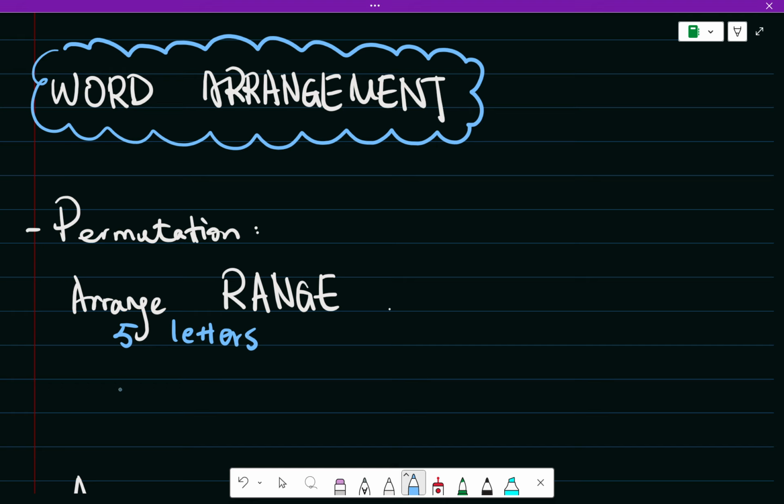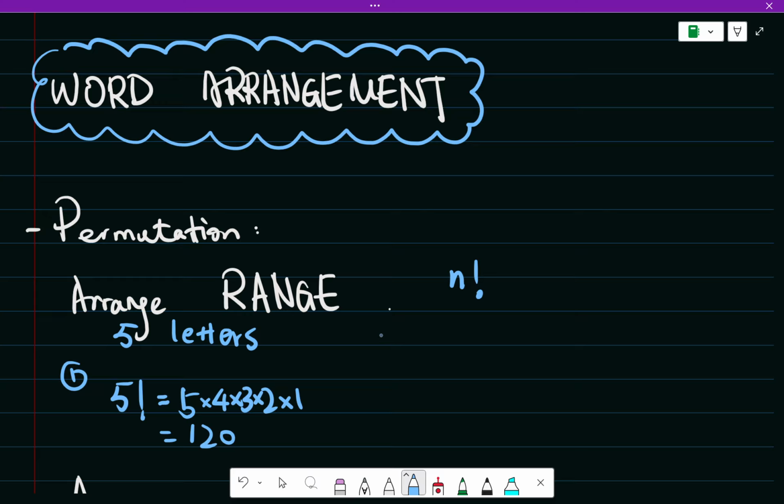So we're permutating 5 letters and the formula would be 5 factorial, which would be 5 times 4 times 3 times 2 times 1, and which will give us 120 as the answer. This is the first way to understand this, which is essentially using the formula directly, which is n factorial for permutating n distinct items where order matters.